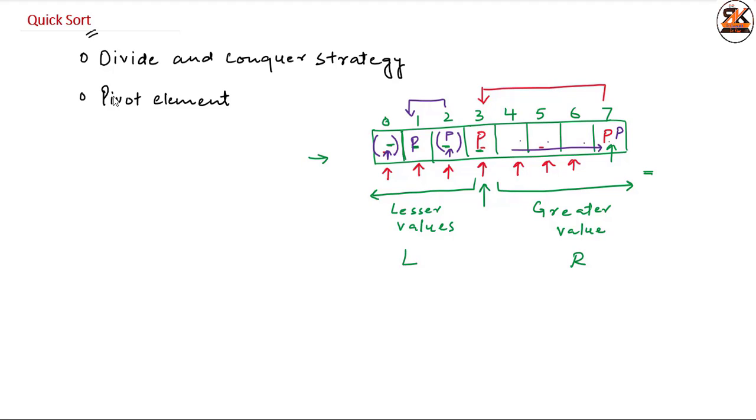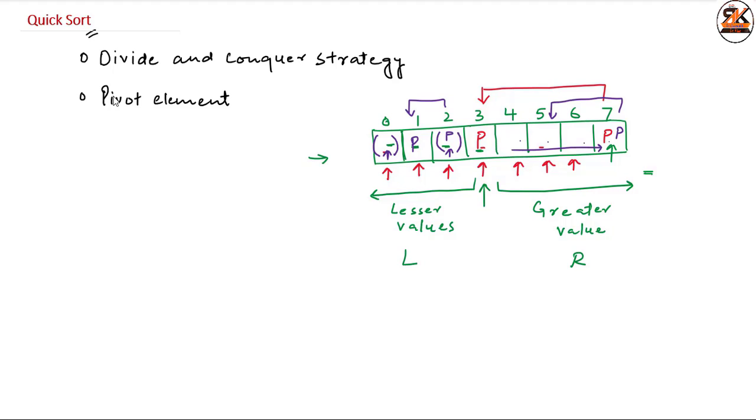After calling the quick sort algorithm again in a recursive manner, we may find that this pivot element may go to position 5, or it can go to any position. It can either remain at its original position, that is at index 7, or it can go to position 6, 5, or 4. It depends on the algorithm that we will talk about later.